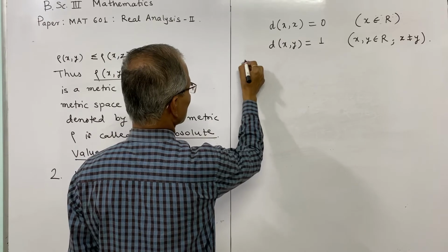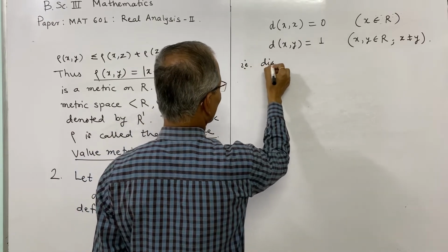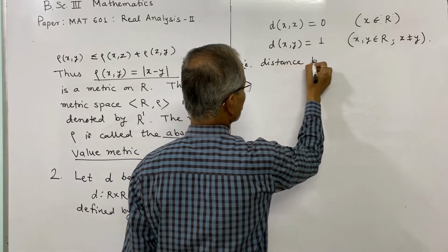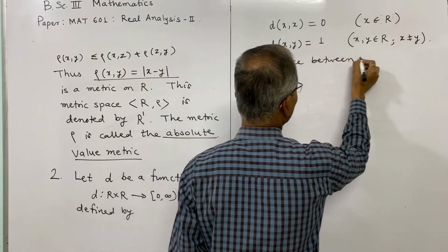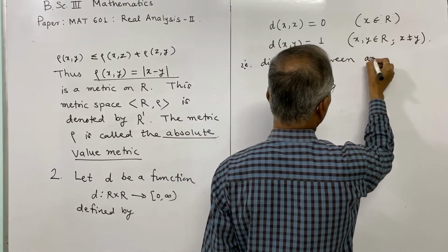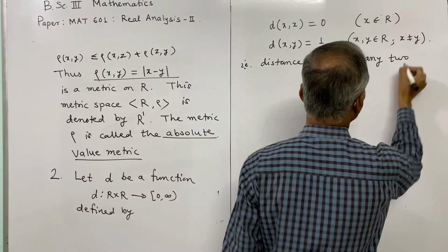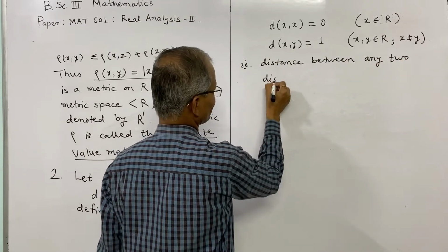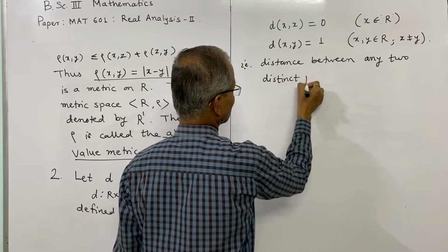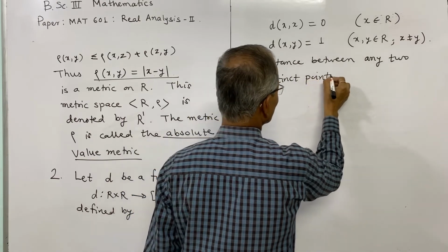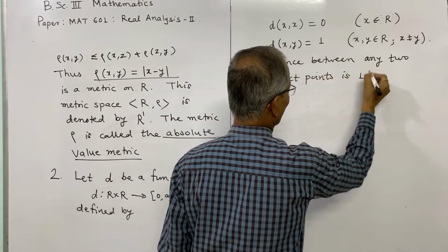That is, the distance between any two distinct points is 1, fixed to be 1.